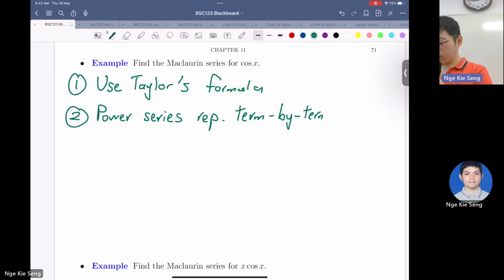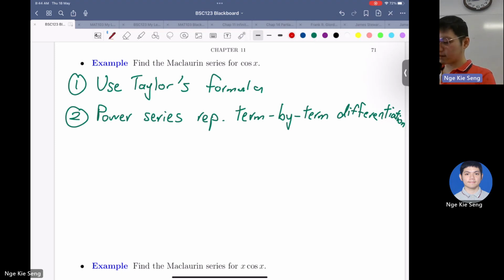Do you still remember the theorem? If the power series converges at a given radius, then differentiating the function is equivalent to differentiating every term in your power series. Remember? Okay, so we're going to use this.